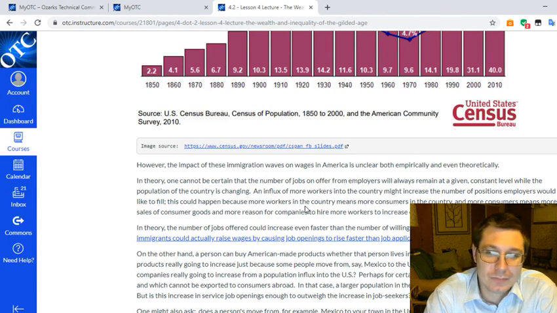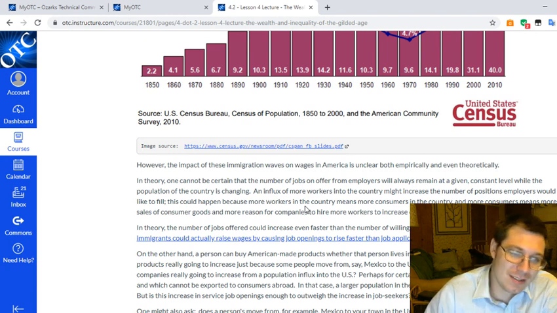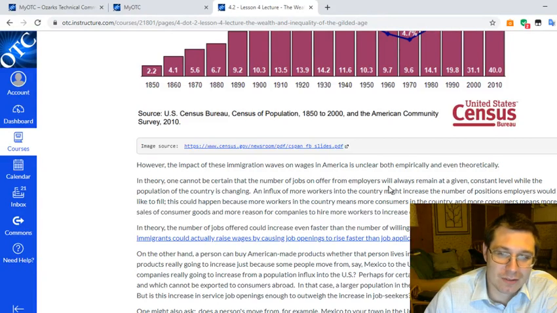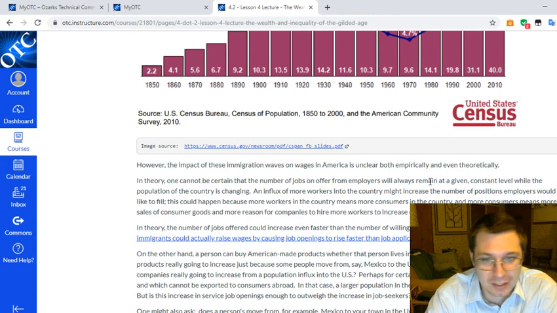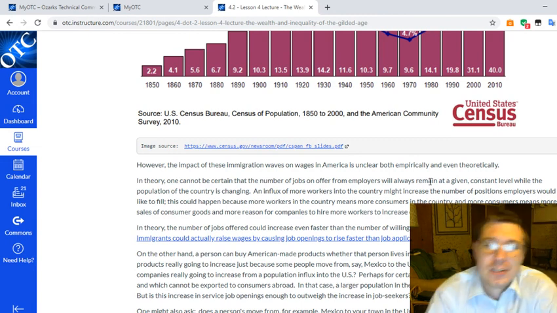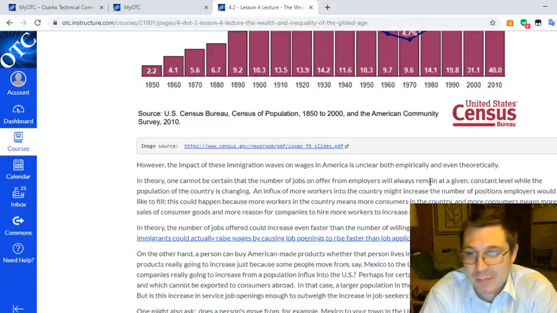The problem with that, why this is confusing, is because in theory, one cannot be certain that the number of jobs on offer from employers will always remain at a given constant level while the population of the country is changing. An influx of more workers into the country might increase the number of positions employers would like to fill.